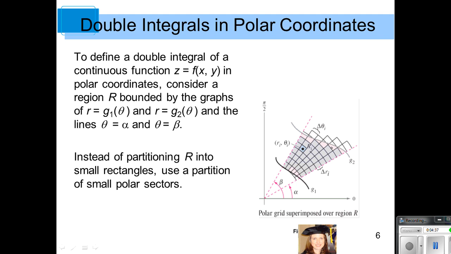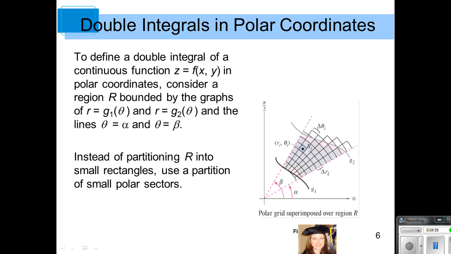So we've got this region here. Notice it's not vertically simple or horizontally simple, but in this case we can say it's r simple because our inside radius is this g1 function and our outside radius is this g2 function, and our angle goes from a small angle alpha to a larger angle beta.